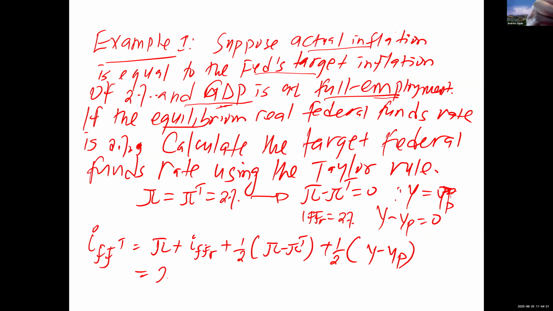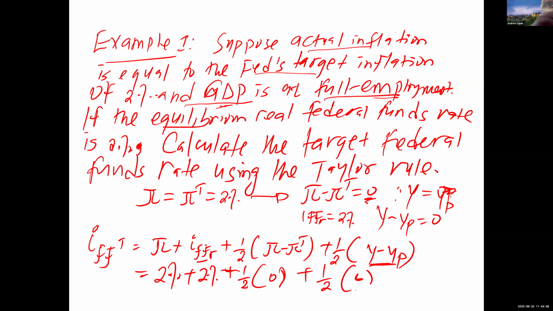Actual inflation is 2%. And then we have also been given this to be 2%. Plus, we know actual inflation equals target inflation, so this is 0. We found that here. Plus 1/2. The output is at full employment, so this is 0 too. So 1/2 times 0 is 0.